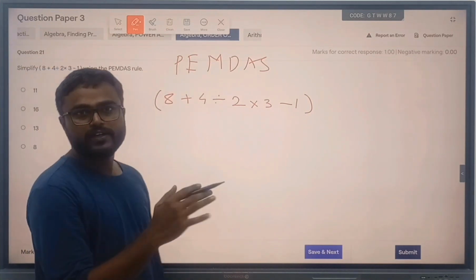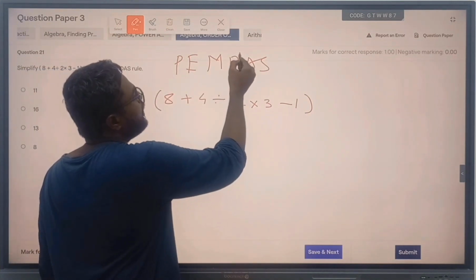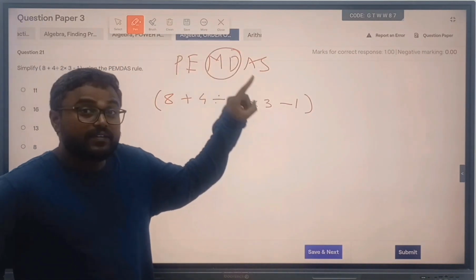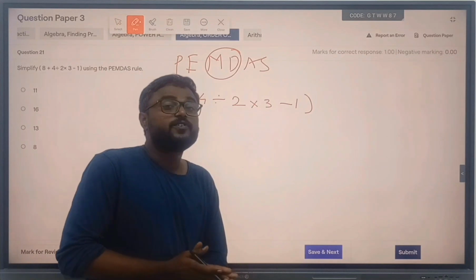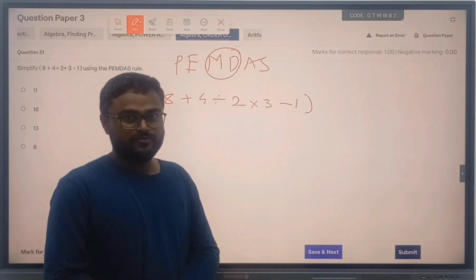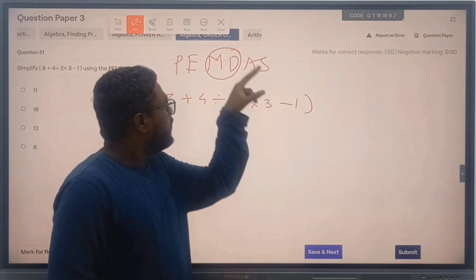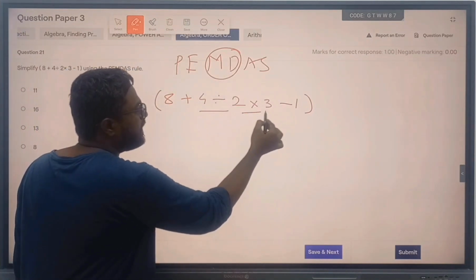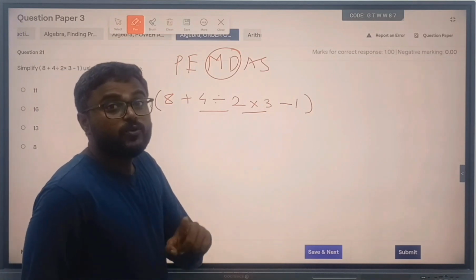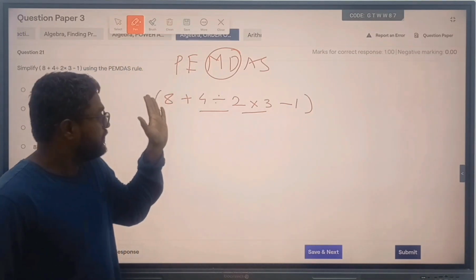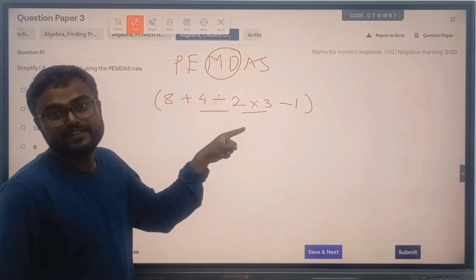Is there any exponent over here? No. Now, while solving with PEMDAS, in multiplication and division, whichever comes first from the left-hand side is the one you're going to solve. Whenever you have two choices, like here where we have a division and a multiplication, we solve the one on the left-hand side first, which is division in this case.